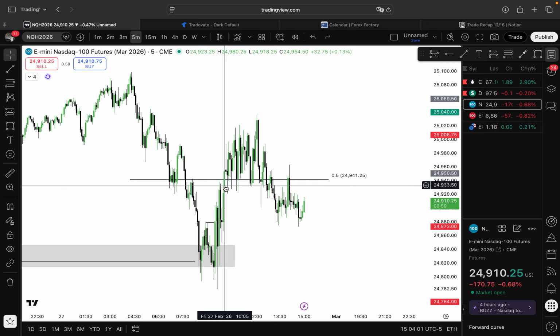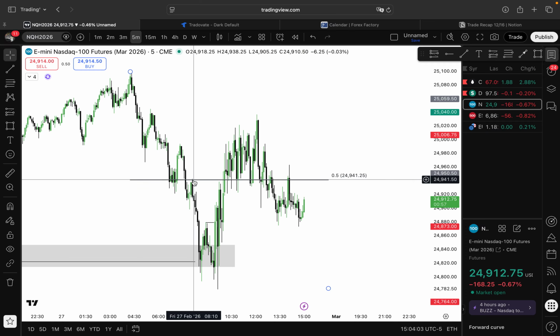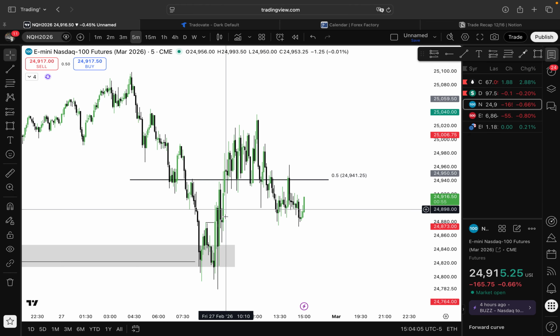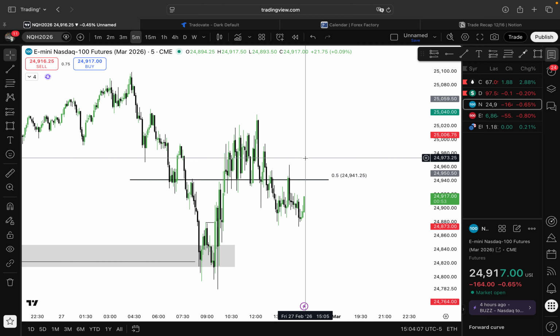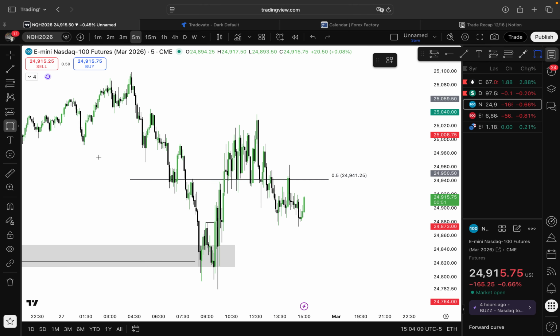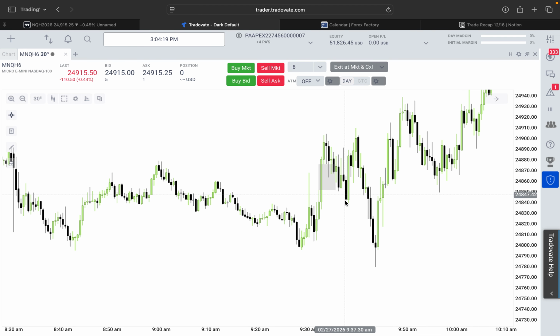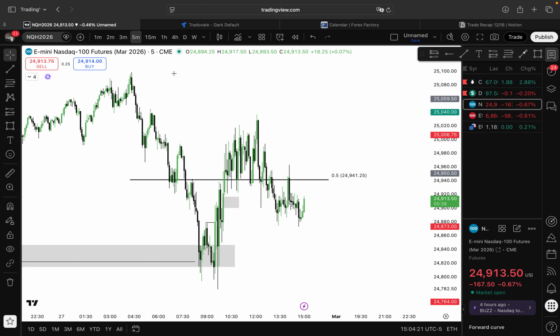So after we took this high, maybe we could have looked for some short then, but it looks like we didn't get it. This 5 minute right here would have probably been nice if we would have got it after taking this high right here and hitting 50%. I would have preferred that a lot more than this 30-second, where the 1 minute didn't even close.